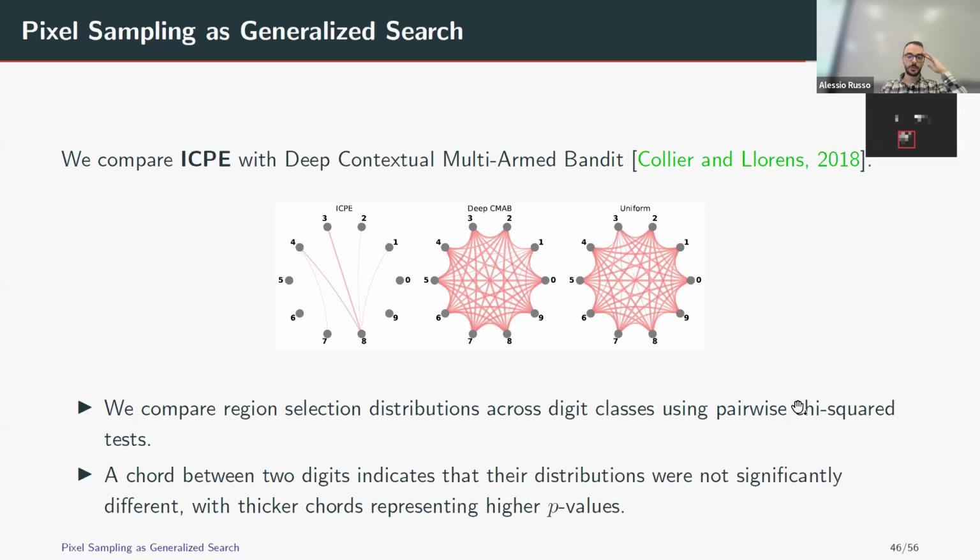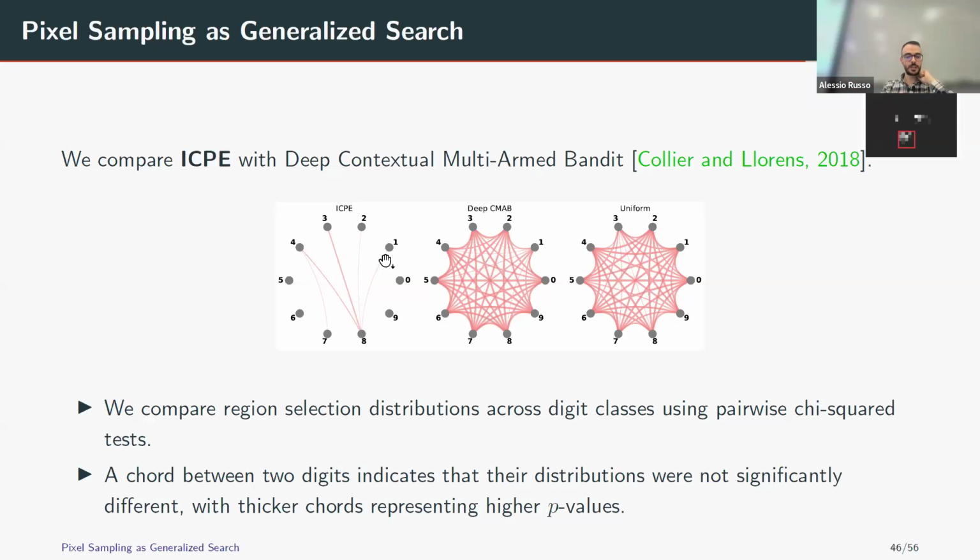So we use a pairwise chi-square test to compare how the sampling differs between two digits. Here you can see in the image, for example, between 3 and 8, there is a chord here. This chord represents the p-value that the two sampling strategies are similar for digit 3 and digit 8.